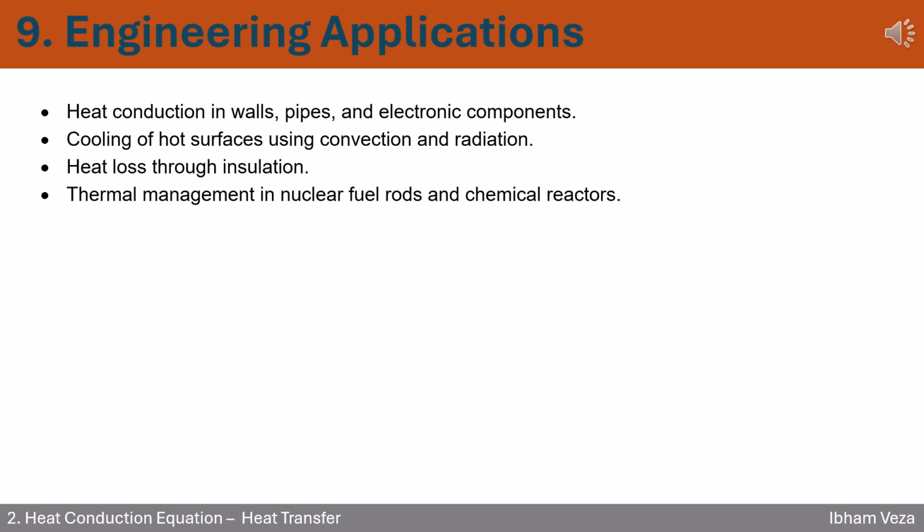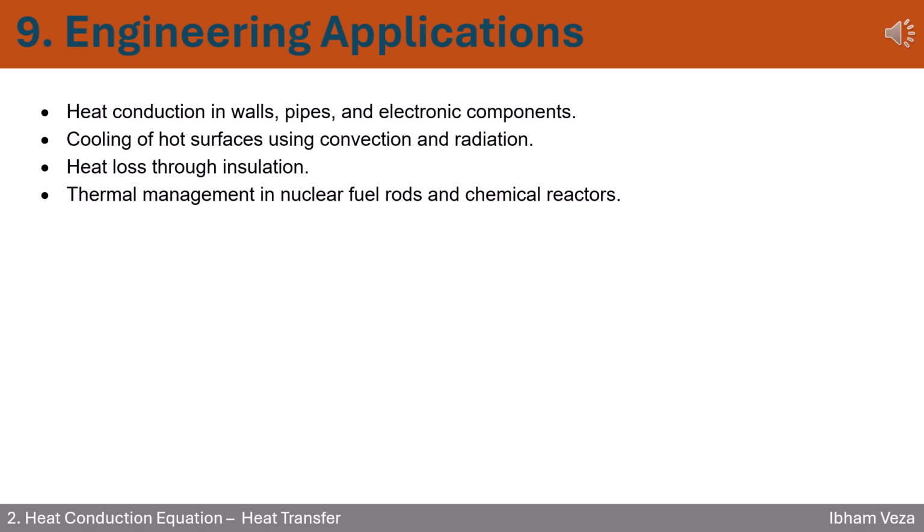9. Connect theory to real engineering solutions. Heat conduction is everywhere in engineering. From walls and pipes to electronic components, understanding heat flow is essential to prevent failures and optimize performance. You'll also see it in cooling systems, using convection and radiation to control temperatures.